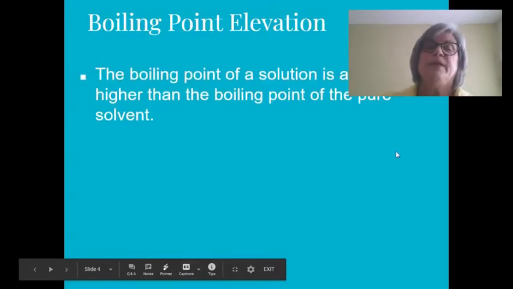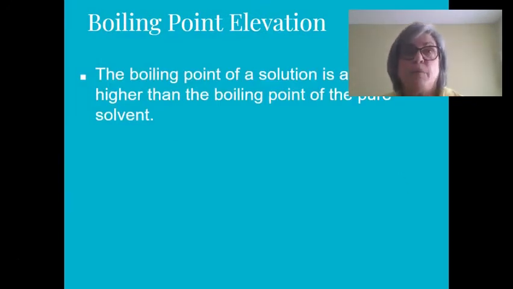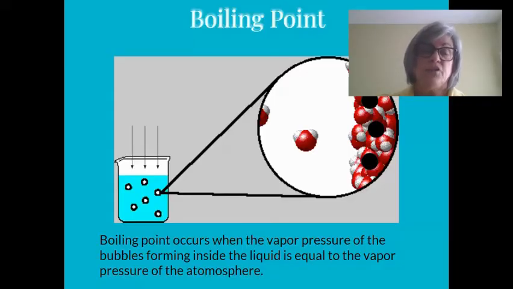So the boiling point of a solution is always higher than the boiling point of the pure solvent. More kinetic energy means more heat, and so the water is hotter when it comes to a boil. Normally, boiling point at atmospheric pressure is 100 degrees Celsius for water. But if we add a solute to the water, in order for those bubbles to form at the boiling point, we have to add more kinetic energy. So the water actually is able to get hotter when we add the solute.